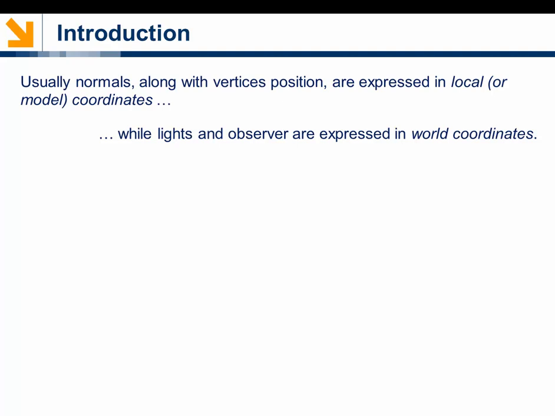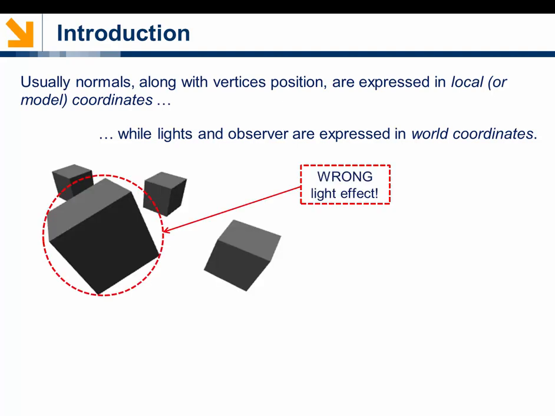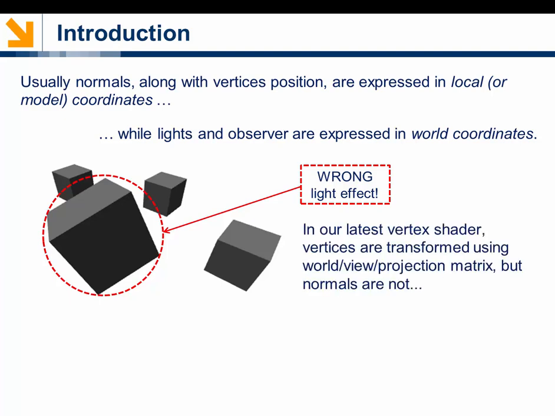And then I have the world coordinates used usually to express the position of the camera, the position of the light, and in which I put each single object. That's why we experienced a wrong light effect. We will see more about this. The light seems rotating along with the rotation of the cube.